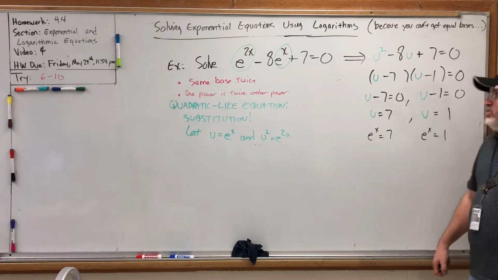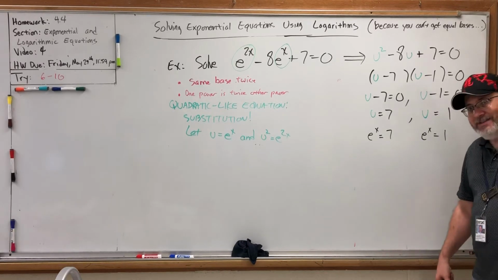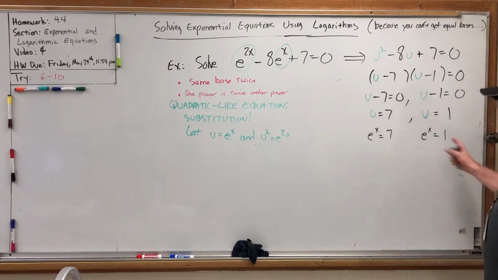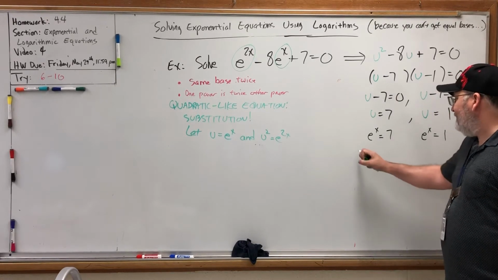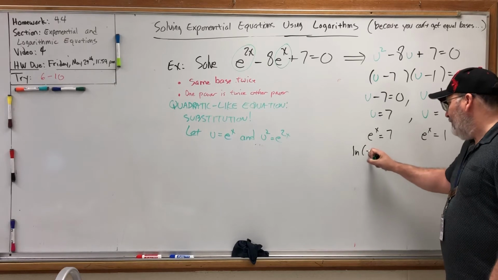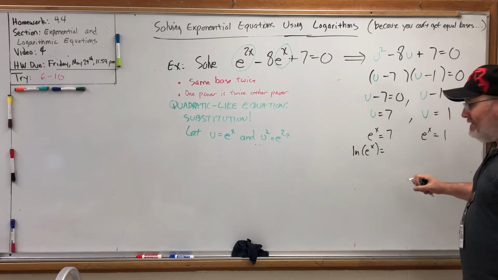So going back to solving exponential equations using logarithms, step 1, isolate the exponential term. I isolated both of them. Step 2, take the log of both sides, any base. I recommend always using ln, but especially when the base is e.